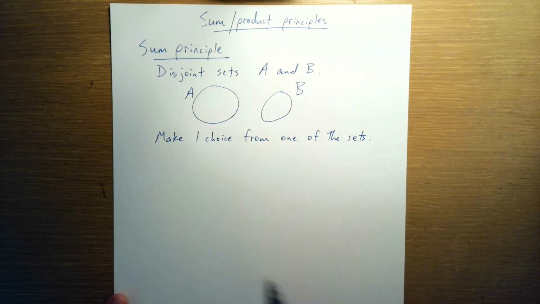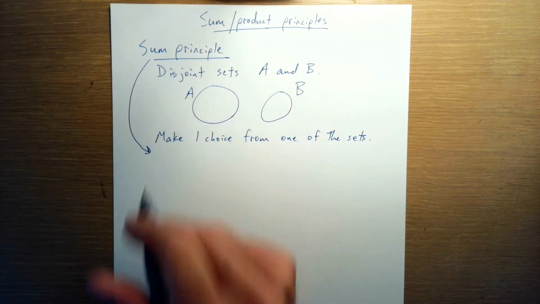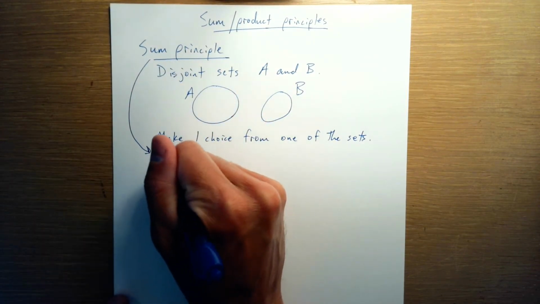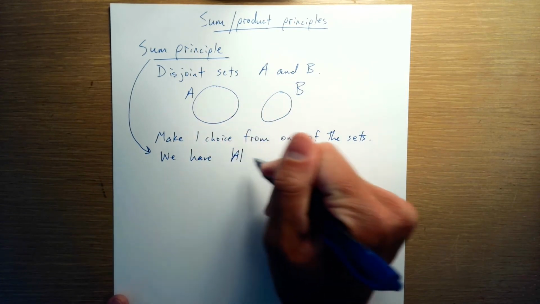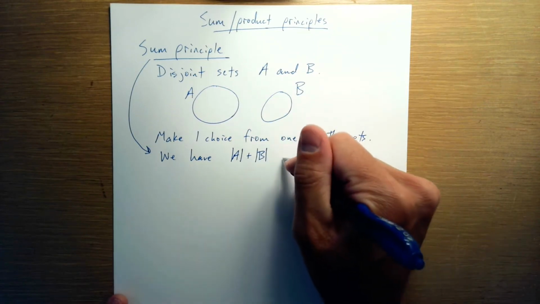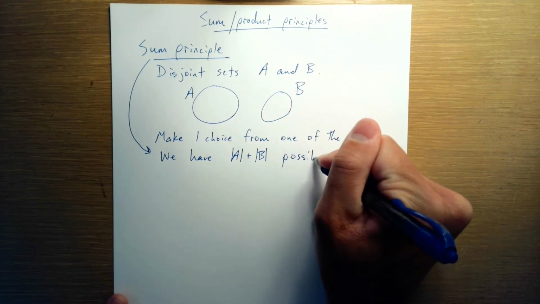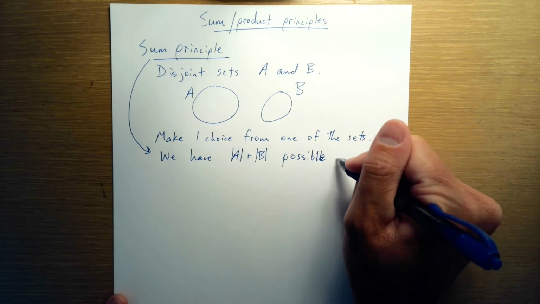And the sum principle says, so here's the actual statement of the sum principle. It says that we have the number of elements in A plus the number of elements in B possible choices.